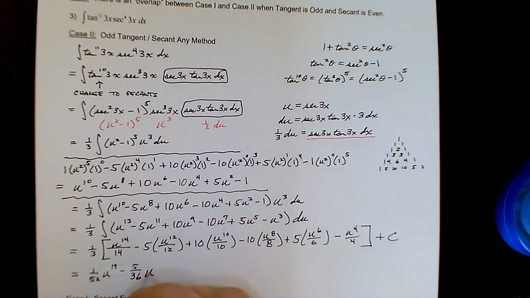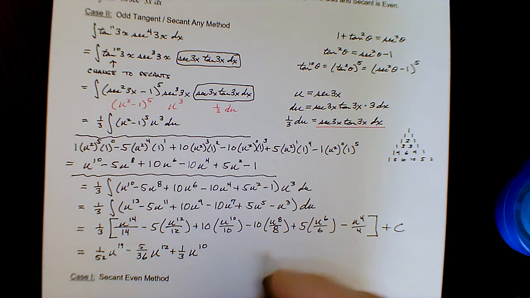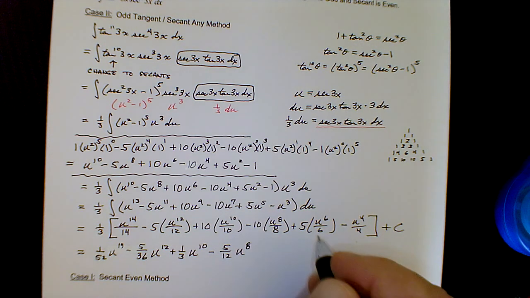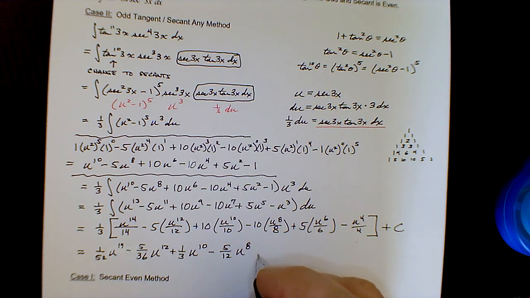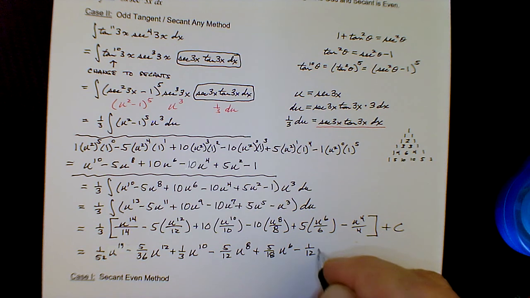Well, these 10s cancel, so we get plus 1/3 u to the 10th. 10 over 8 is 5/4, so times 1/3 minus 5/12 u to the 8th. So 1/3 gives plus 5 over 18 u to the 6th. And then finally minus 1/12 u to the 4th plus c, and this is where u is equal to secant of 3x.